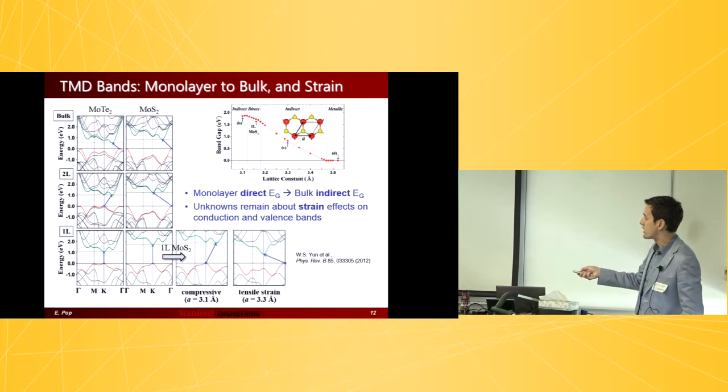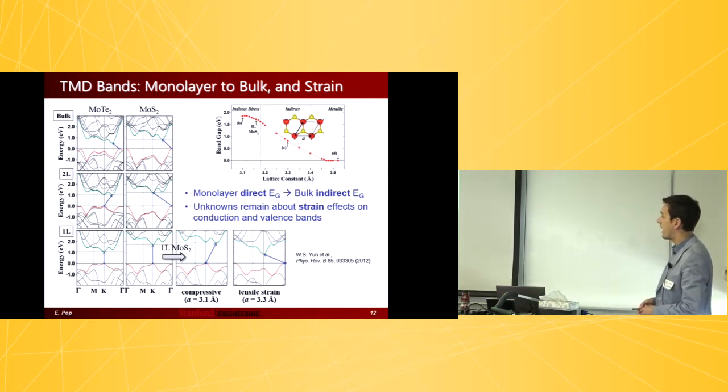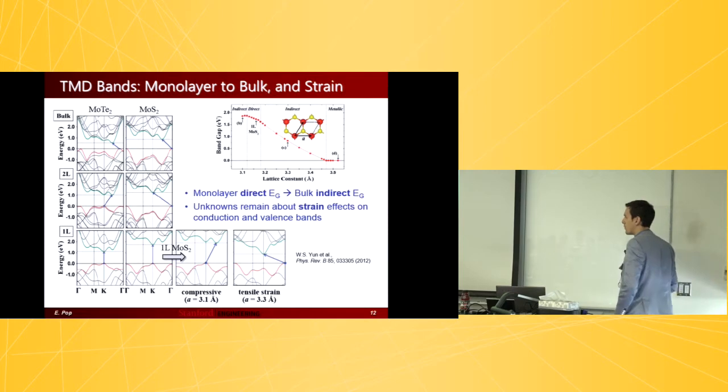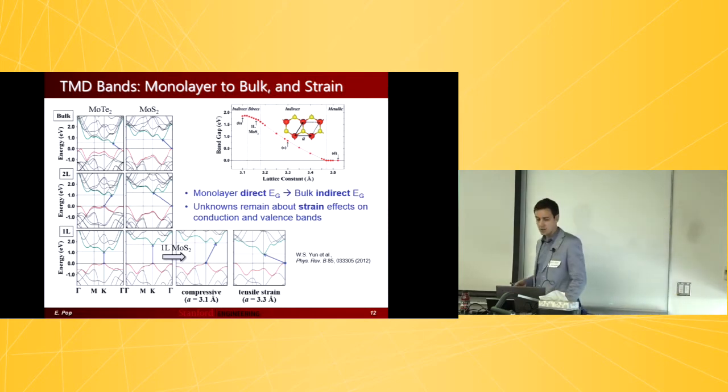But then if you take these direct band gaps and then you strain them, this is compressive strain, this is tensile strain, you essentially have different shifting of the K and Q valleys, right? And you can end up again with an indirect band gap in monolayer materials. And so, like I said, some of the unknowns that remain, as far as I'm concerned, in these materials are the strain effects on the conduction and valence bands.